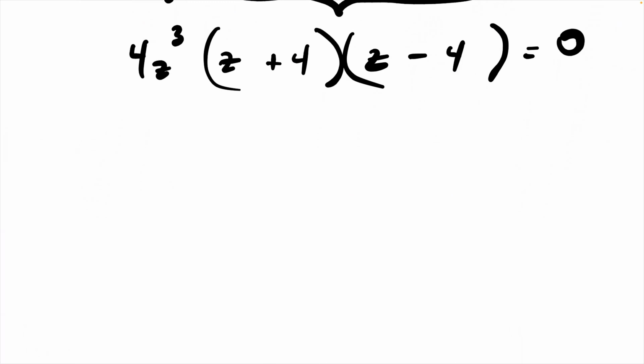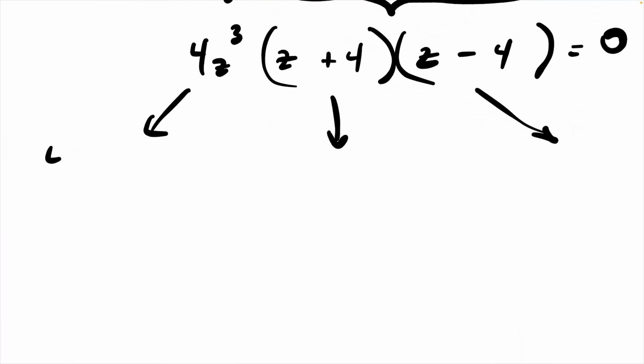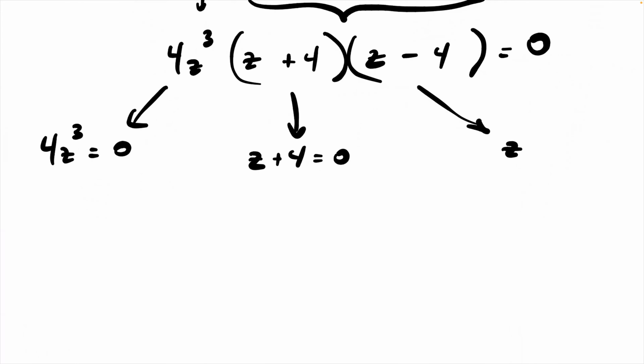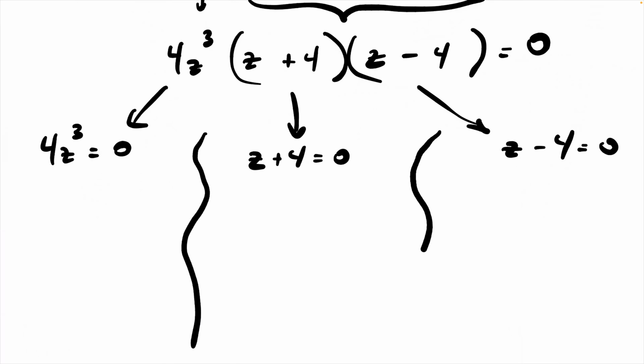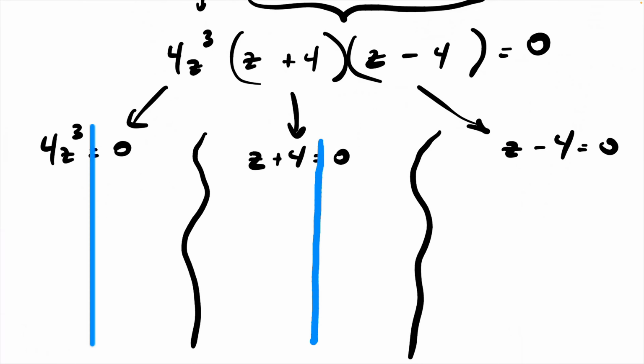Set them all equal to 0. This guy, and this guy. GCF and the 2 things in parentheses. Everything in parentheses, we set equal to 0. We got to get x by itself every time.